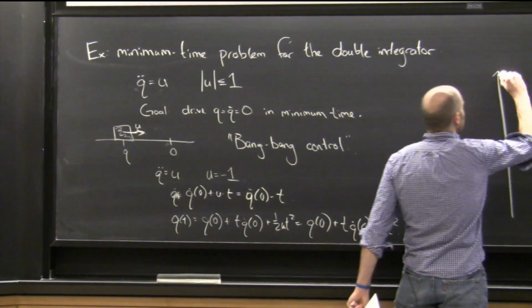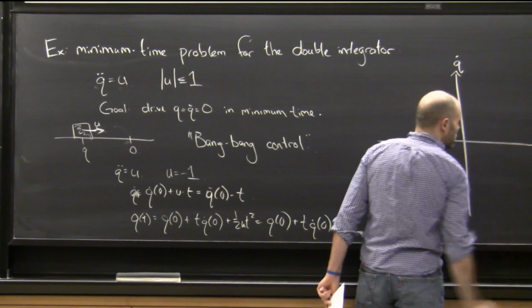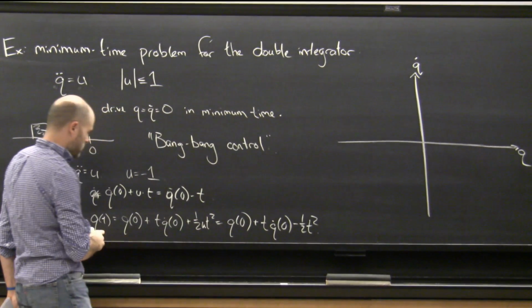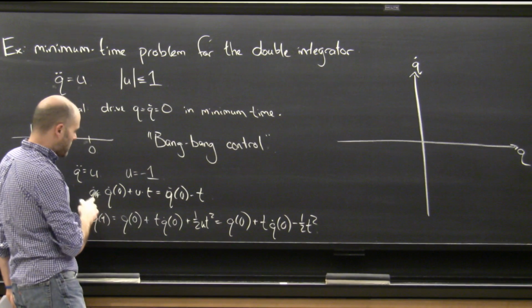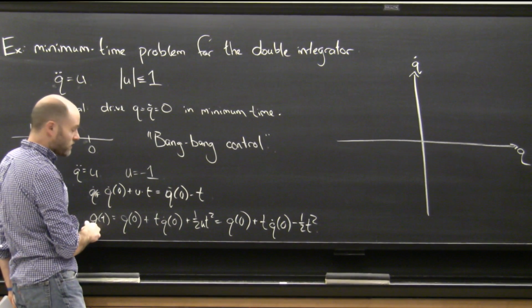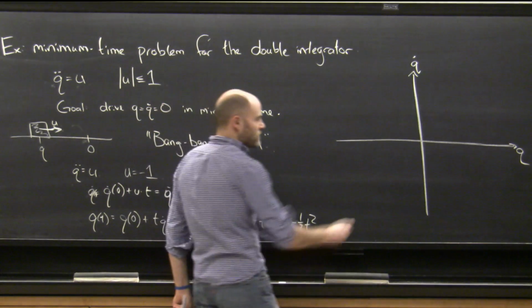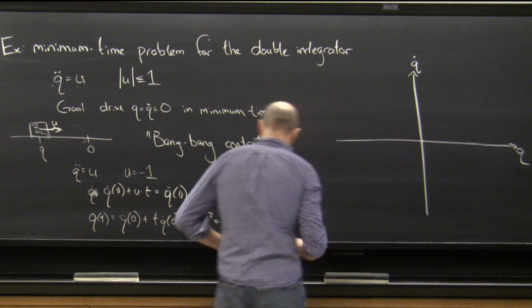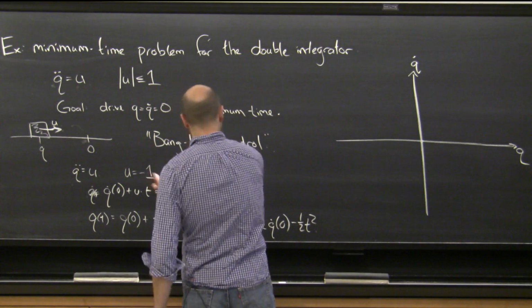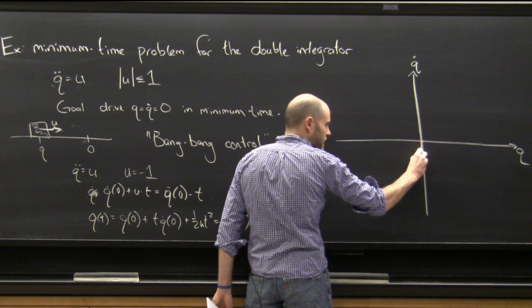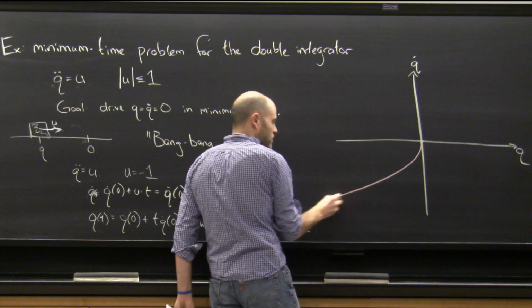If I plot q versus q dot, this looks like a parabola. I have to think about how q dot and q evolve relative to each other. If I were to start at 0, 0 and apply u equals -1, then I'm going to start getting some velocity, and I'm just going to go off like this.